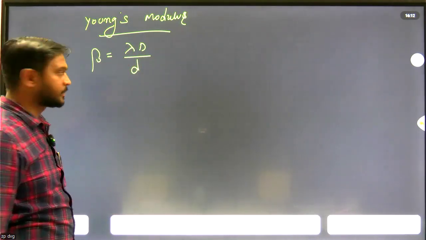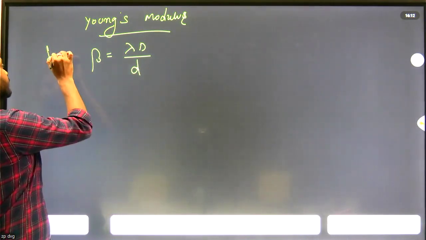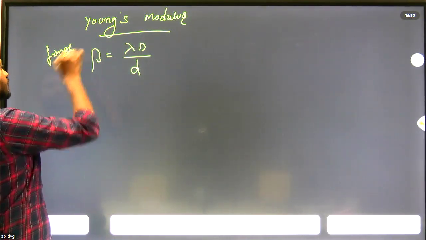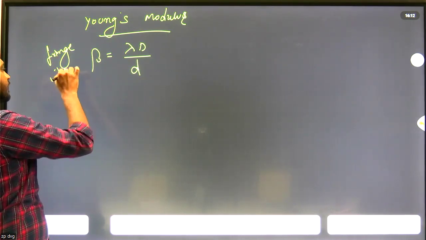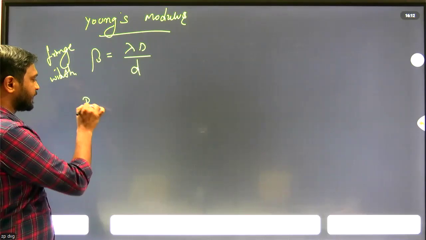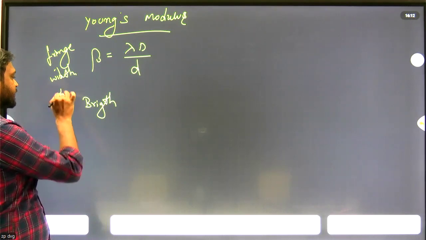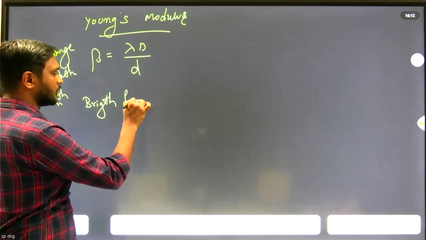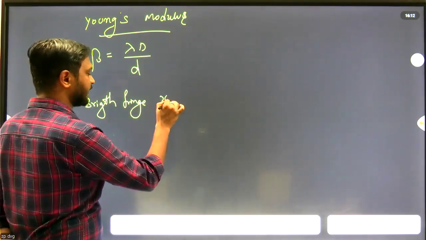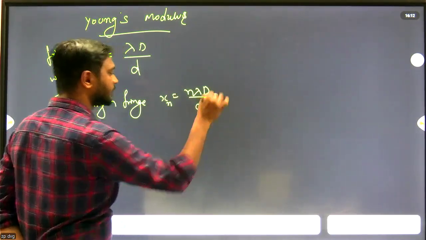This is the formula used to calculate the fringe width of the interference pattern. And for the nth bright fringe, the formula is xn equals n lambda D by d.